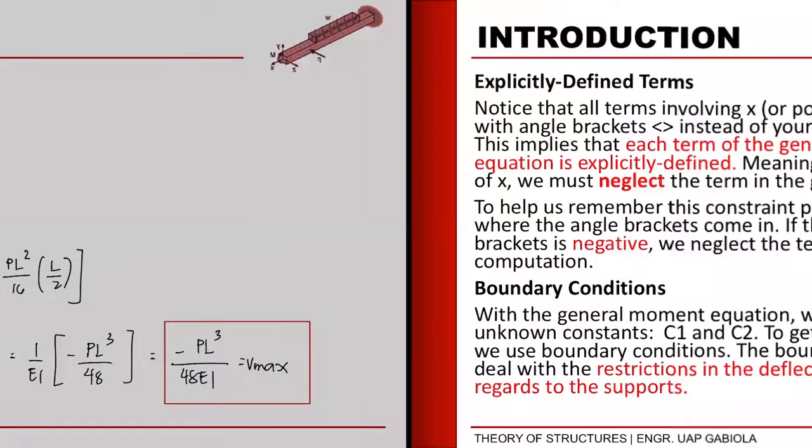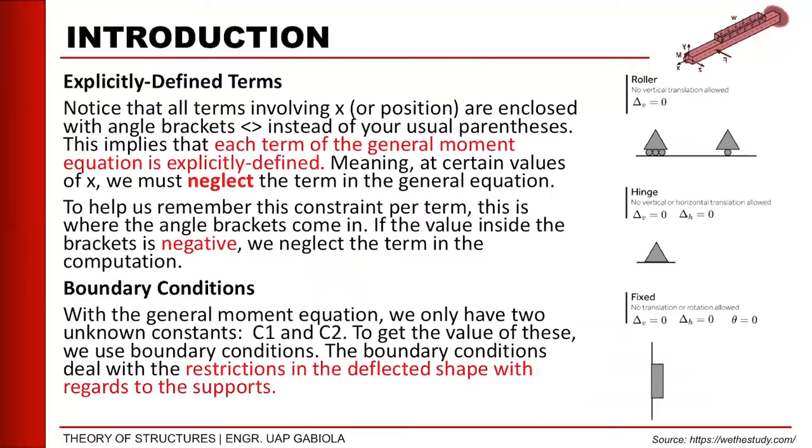Okay? So ayan. So before we go dun sa example natin, we need to define the following. First is yung explicitly defined terms na tinatawag natin. Notice in our equations on the previous slide na meron tayong terms enclosed with angle brackets. Ito yung sinasabi ko kanina instead of yung usual parenthesis natin.